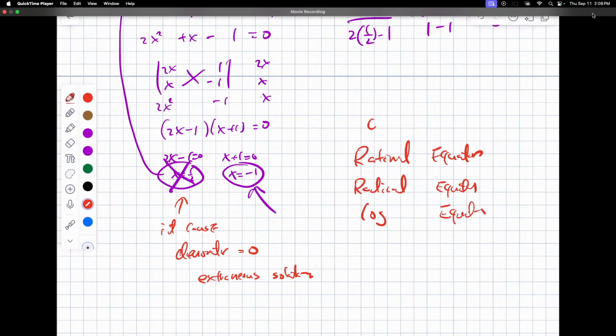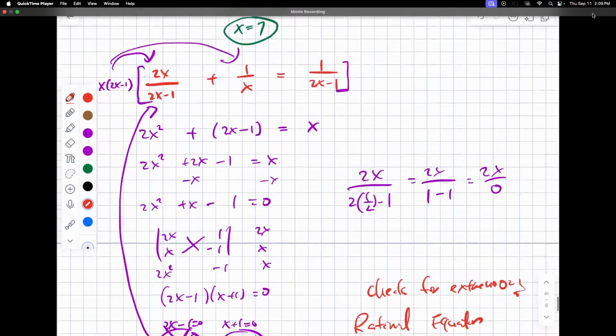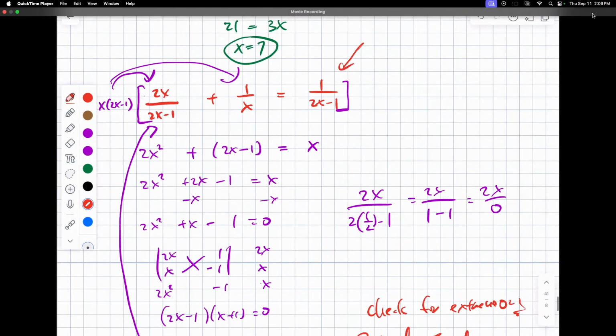Those you have to check for extraneous solutions. So what is rational? Rational is a fraction equation, so with a fraction equation, you should check the denominator. Radical, you should always plug in to see if it's true, because we're going to go through radical in a second. Logarithm equations we're going to talk about later.